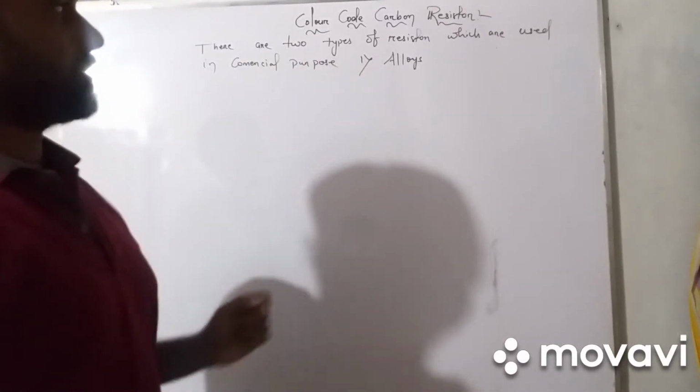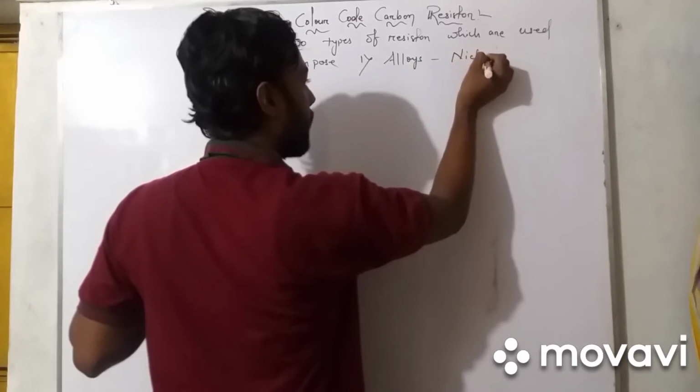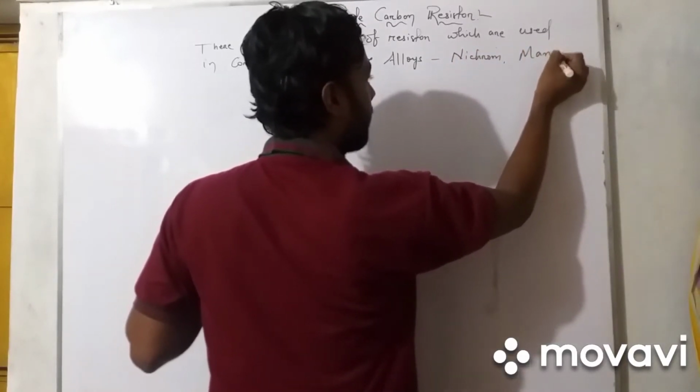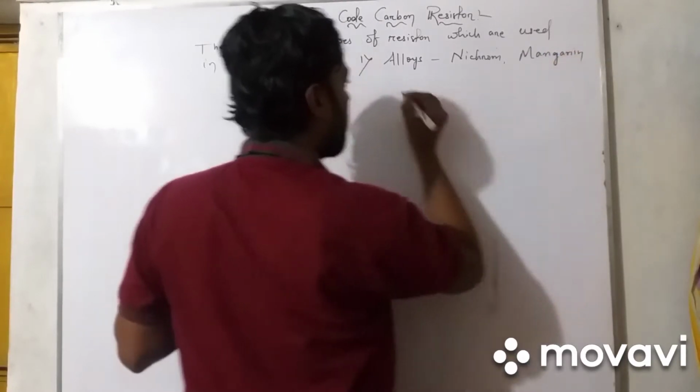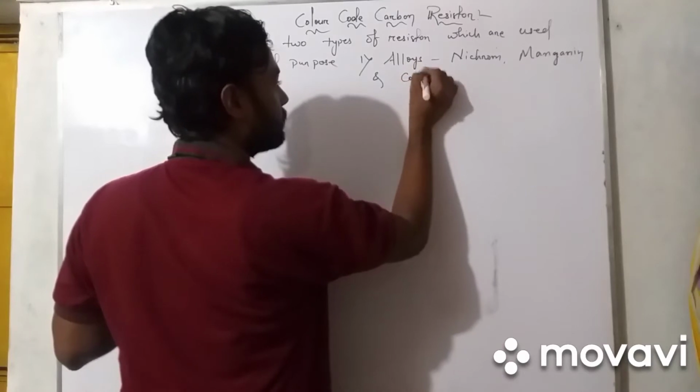Alloys like nichrome, manganese, and constantan.